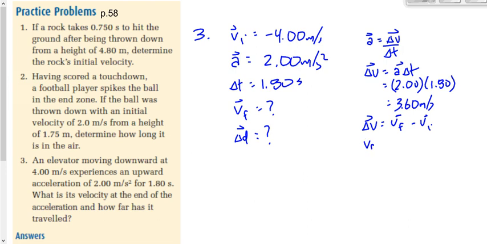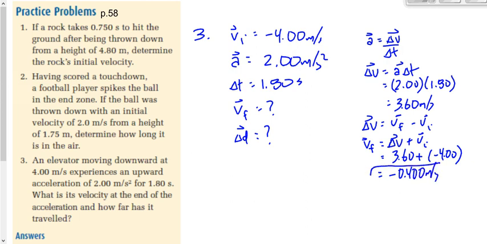And then VI is not attached. Take it over to the other side by adding delta V plus VI. I end up getting 3.60 plus VI, which is negative 4.00, gives me negative 0.40 meters per second. So at the end of this acceleration phase, I'm moving at negative 0.4.